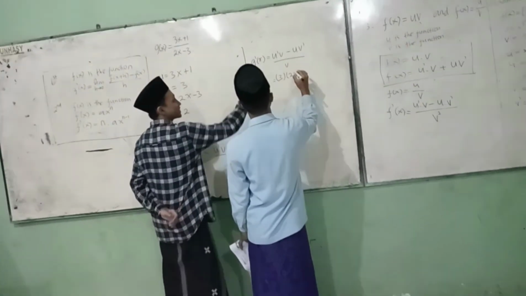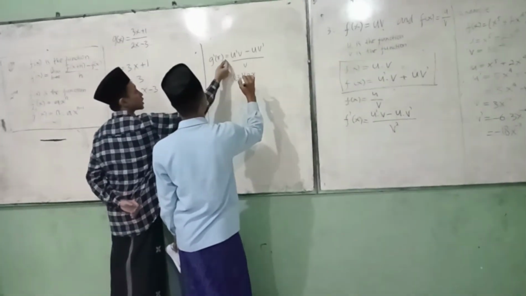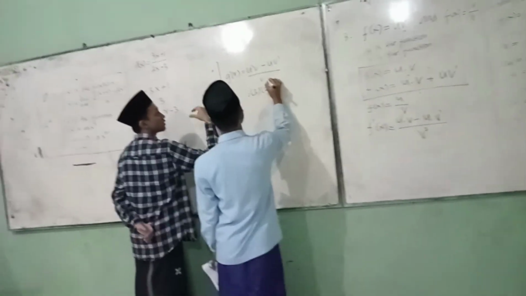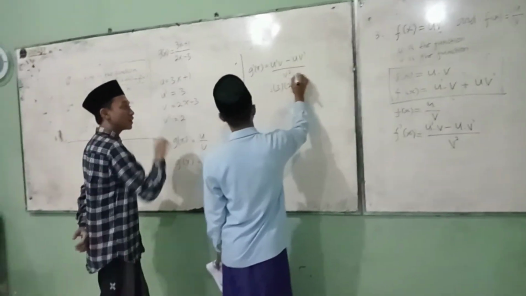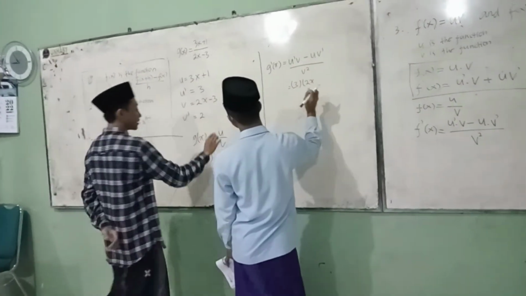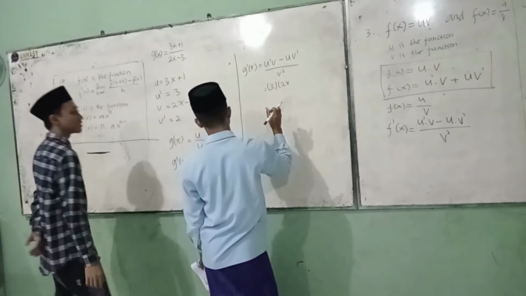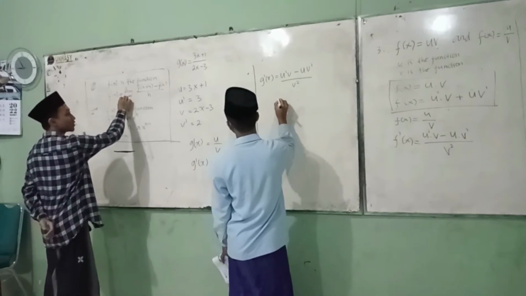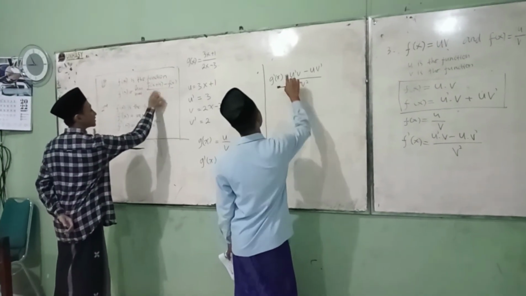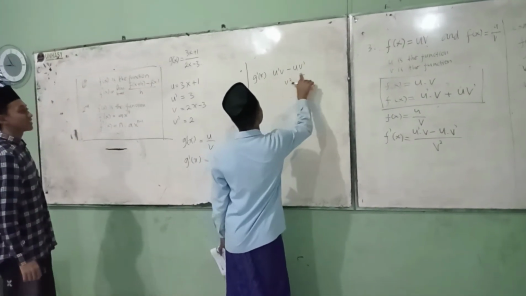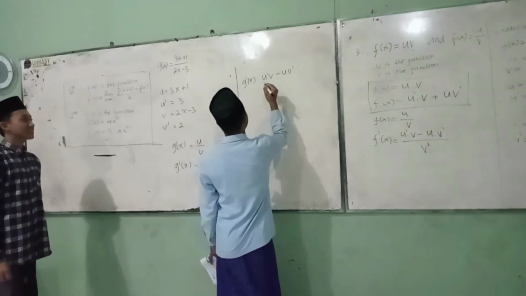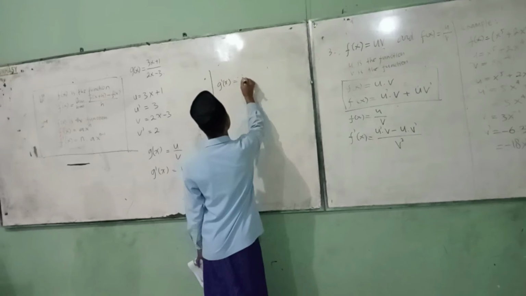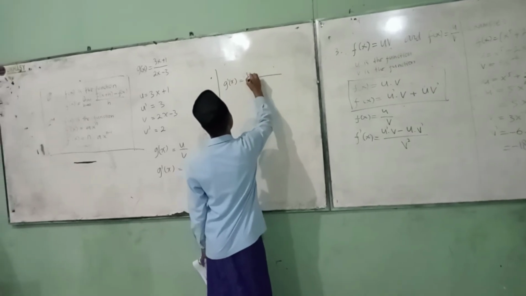You can write the equals sign and then the division. Make one line, the same line, like this. You have to write correctly. Okay, thanks.